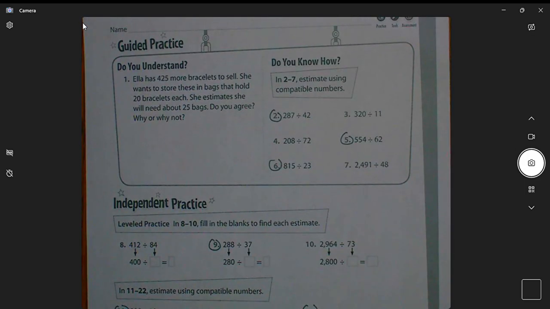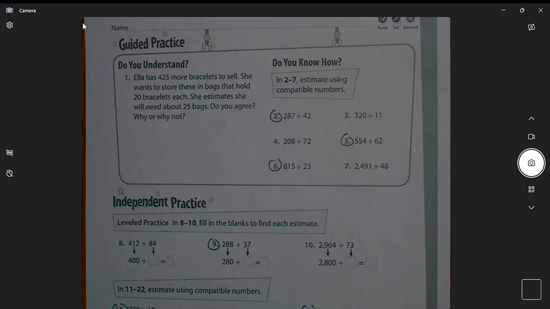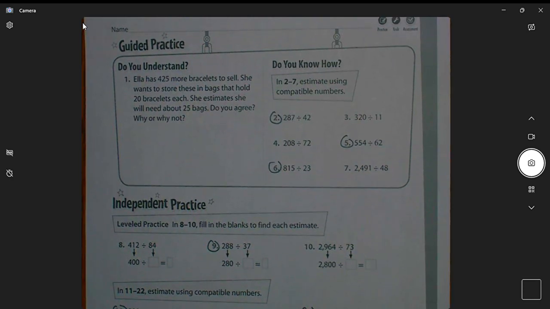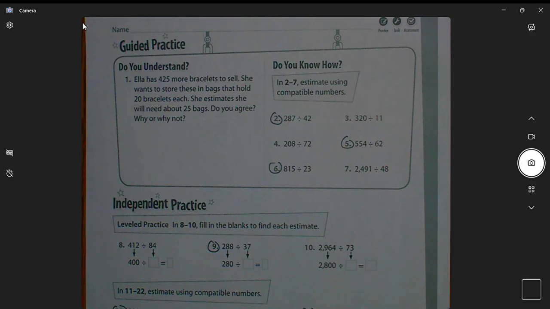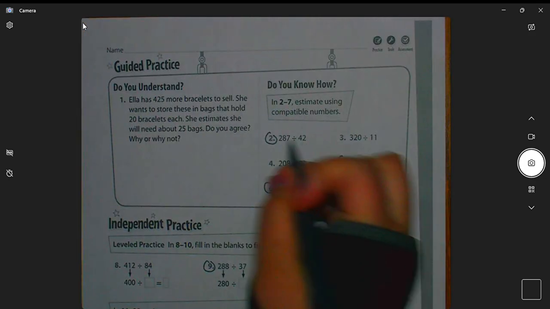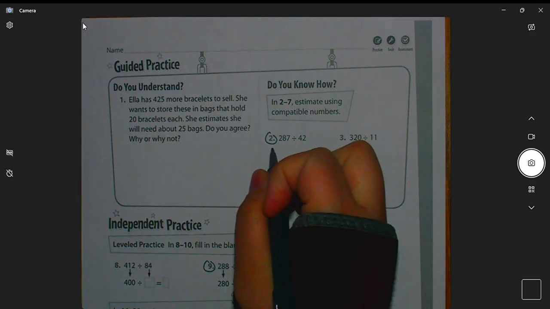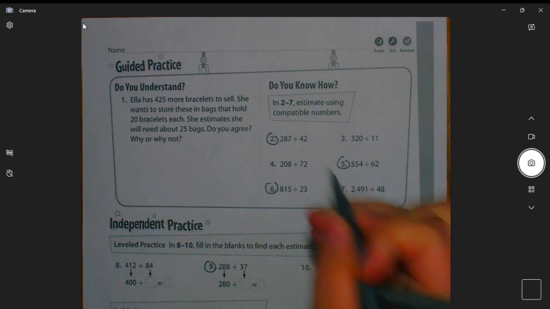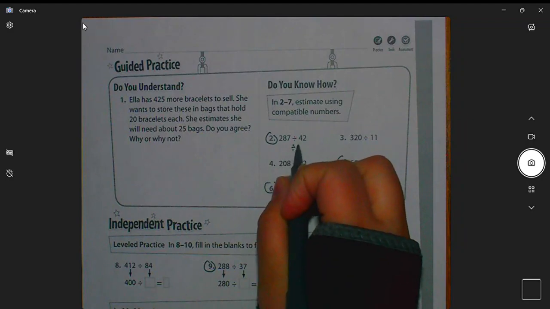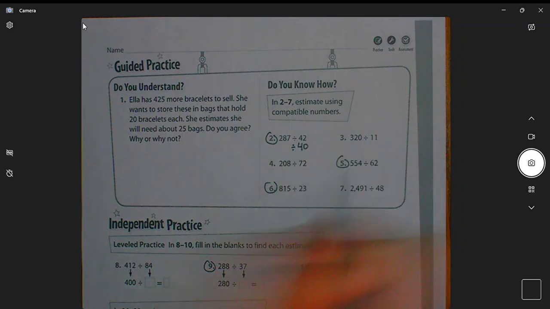So, number 2 says 287 divided by 42. I can't divide that very easily, not without having a whole lot of extra pieces left over. I know 42 is very close to 40.